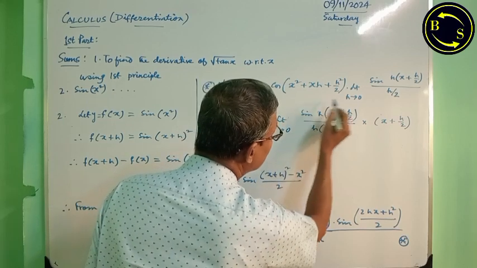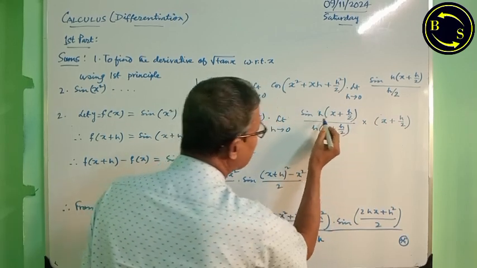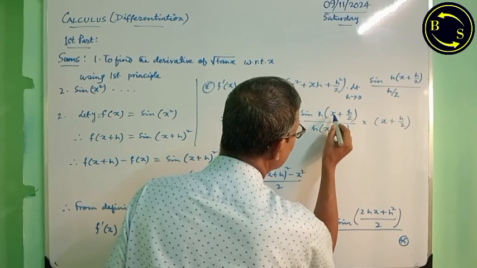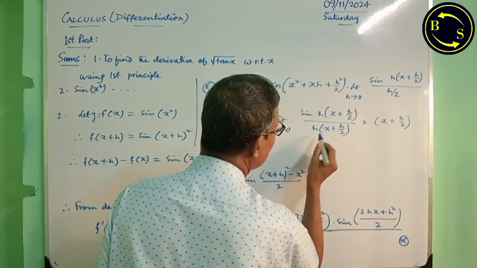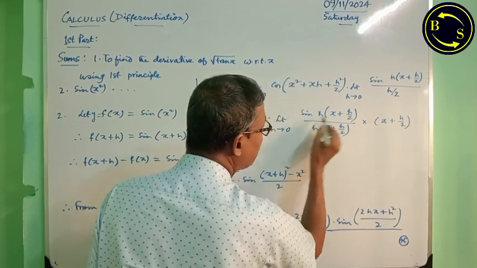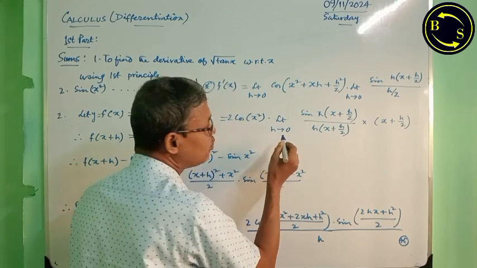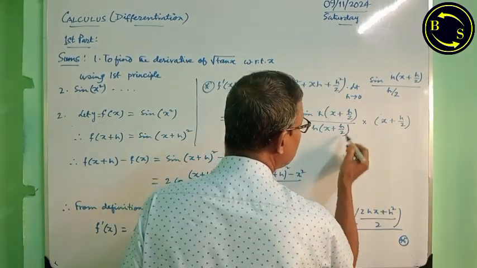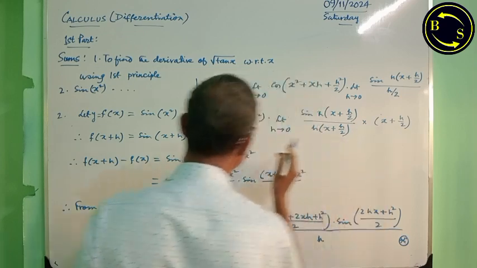To get the standard limit form, since the angle of this sine ratio is h into within brackets (x plus h by 2), we have to take that form here, sine theta by theta, theta tends to 0. To get that form, I have written like this. This one is to be balanced, that is why multiplied by this.